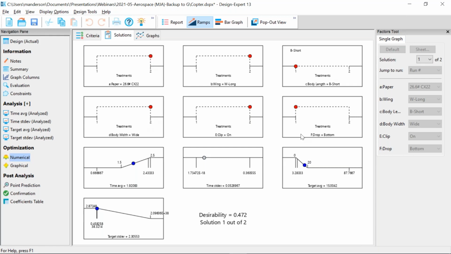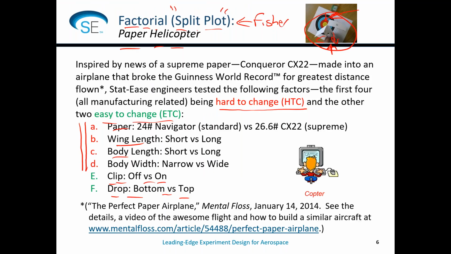Wing length, long, and so forth. So this specifies the build, and then it actually turned out better to have the paper clip on because it made the helicopter go on target better. It stabilized the flight. So that's an example of aerospace, although it's a paper airplane.